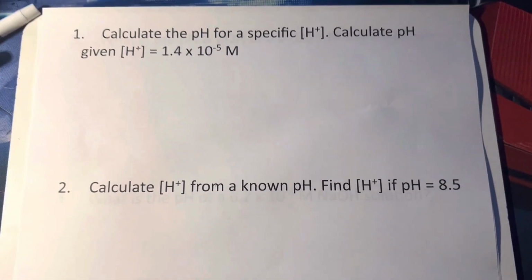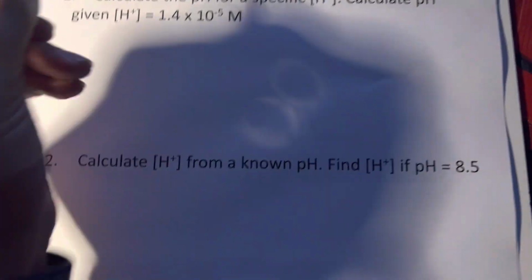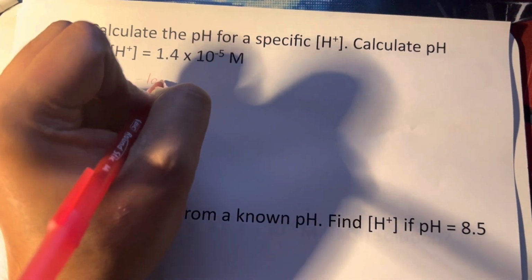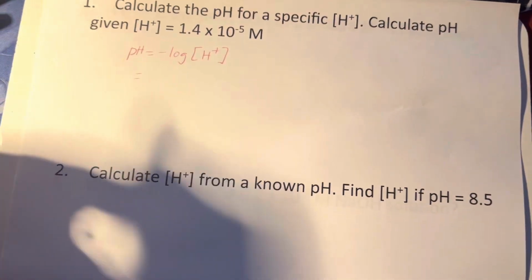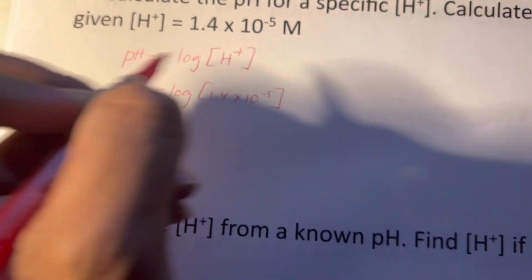As you saw at the beginning of the video, there are different equations we can use. If we're trying to solve for pH, pH is the negative log of the hydrogen ion concentration. So pH is negative log 1.4 times 10 to the negative 5.